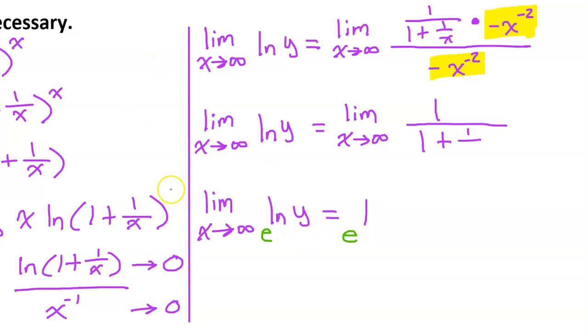So we end up with the limit as x approaches infinity of y is equal to e to the first power, which is simply e. So this is the answer to the question. Notice that we have the limit as x approaches infinity of y is e.